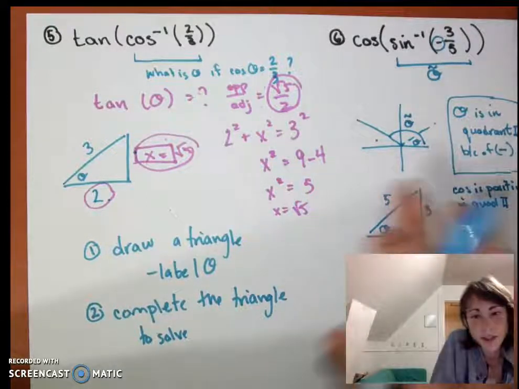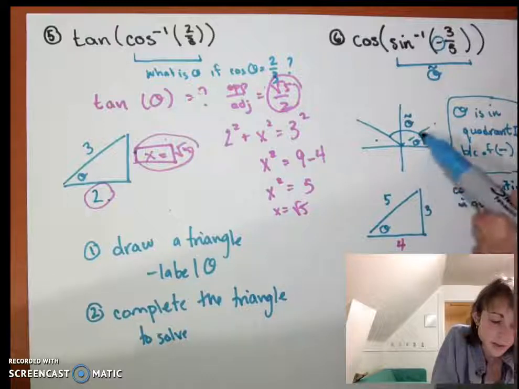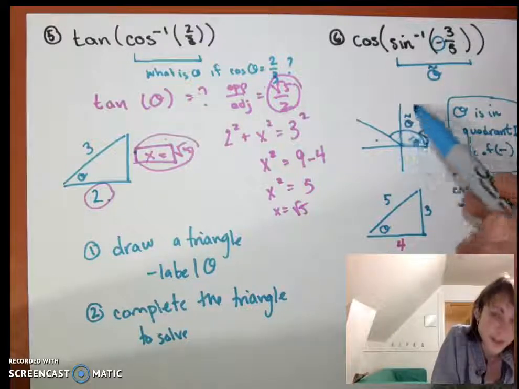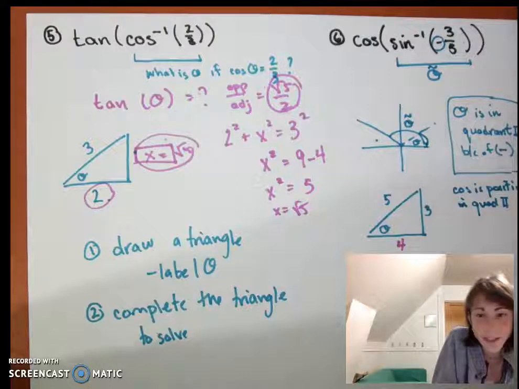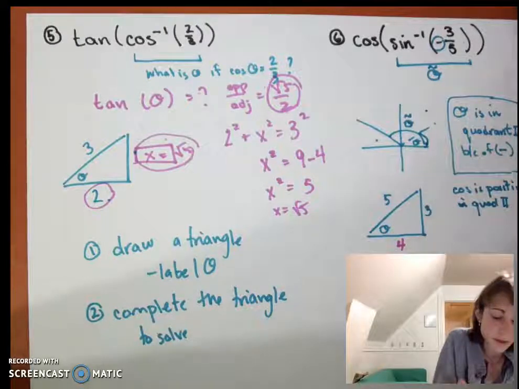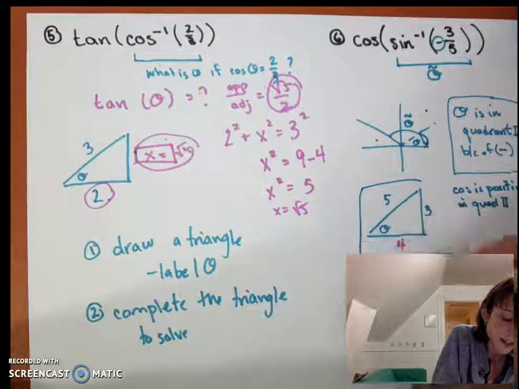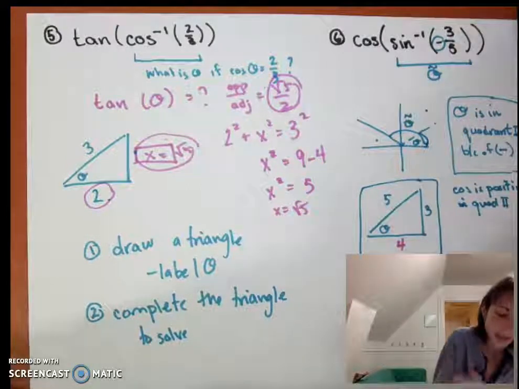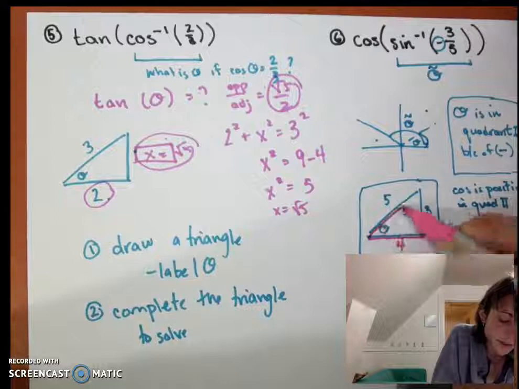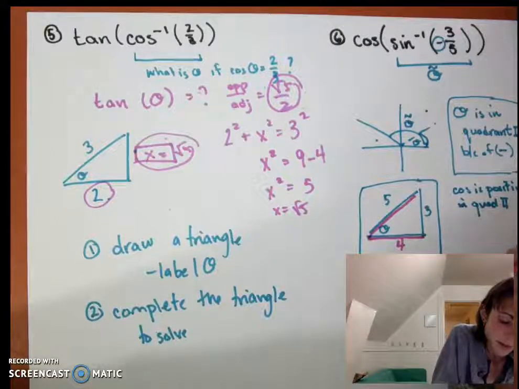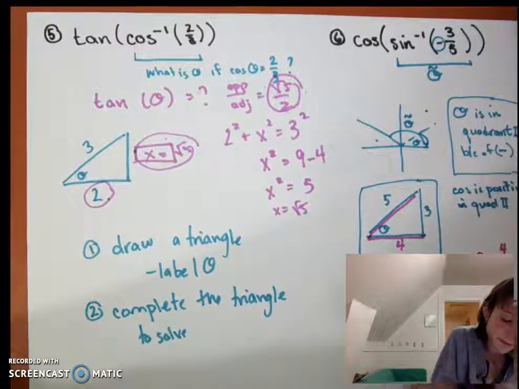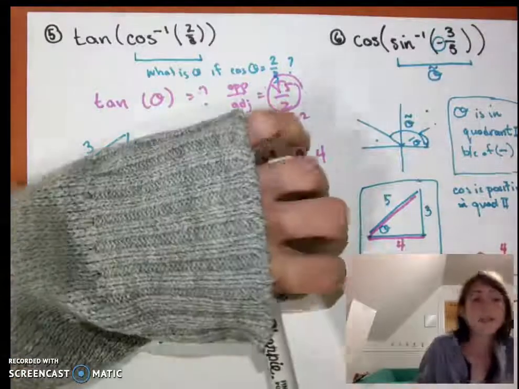So I can sort of ignore this fact because if I do cosine of this theta or cosine of this theta twiddle, I would get the same thing because it's positive in both of these two quadrants. So I just have to find cosine of theta in this triangle, and that's the adjacent over the hypotenuse. So cosine of theta equals 4 over 5, which means my final answer is 4 over 5.